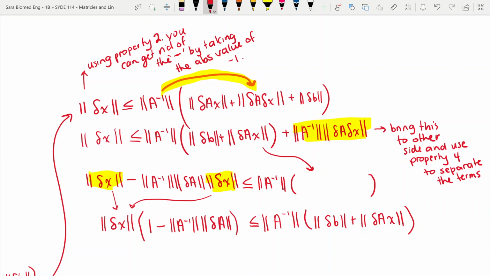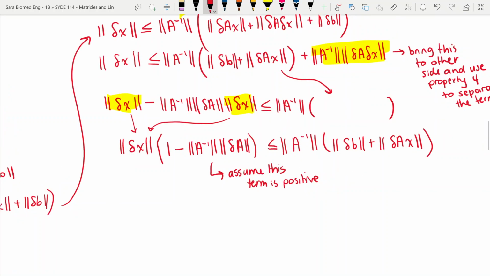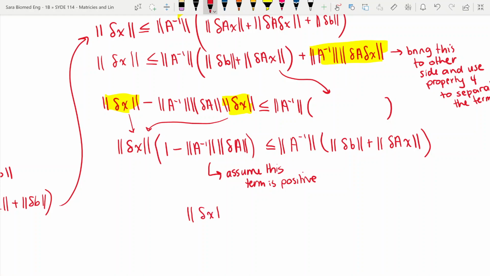So it's going to be delta x less than or equal to, divided by 1 minus A inverse norm times delta A norm.